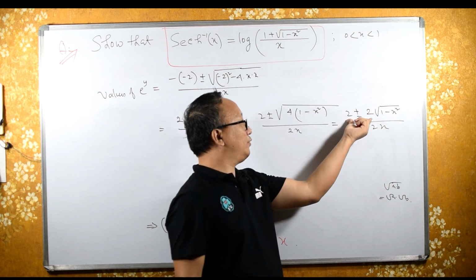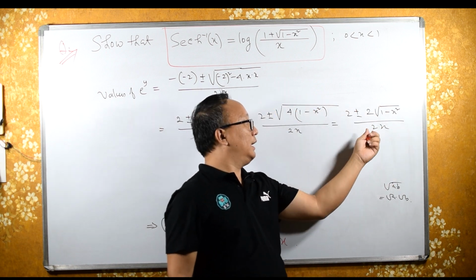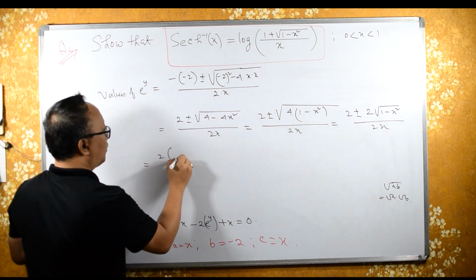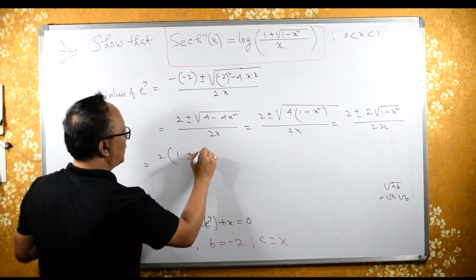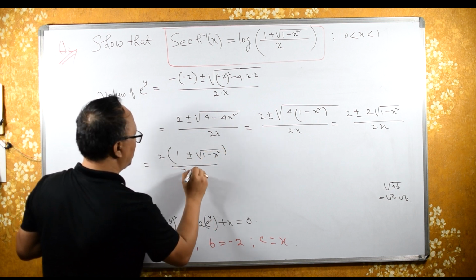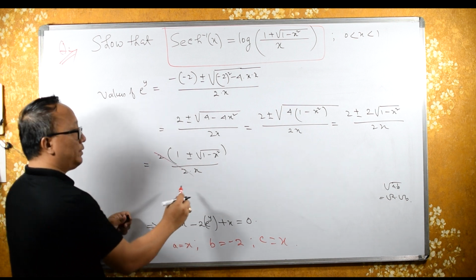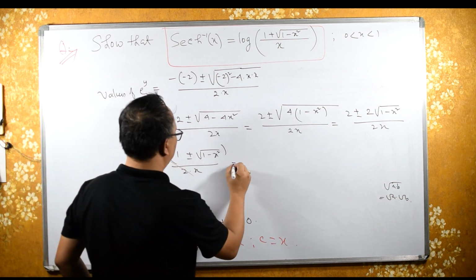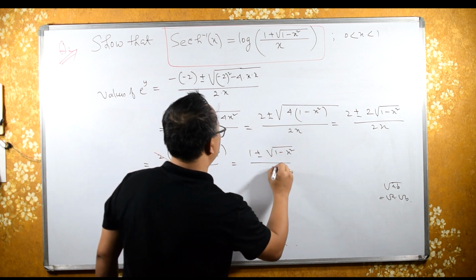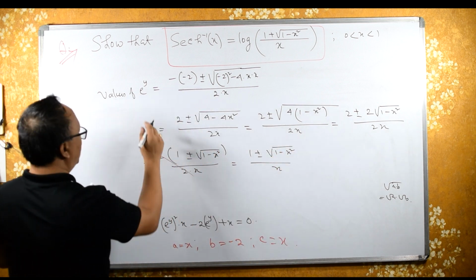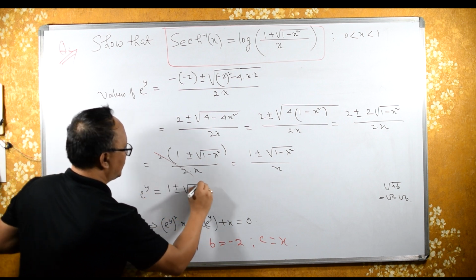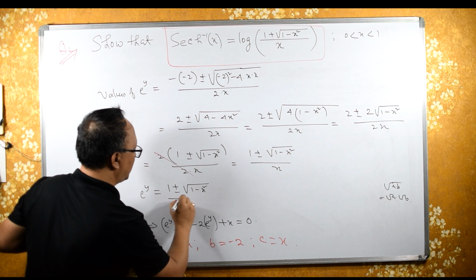Now from the numerator I can take 2 common: 2 into (1 plus minus square root of 1 minus x square) upon 2x. The 2 gets cancelled. What we have is (1 plus minus square root of 1 minus x square) upon x. This is the value of e raised to y.